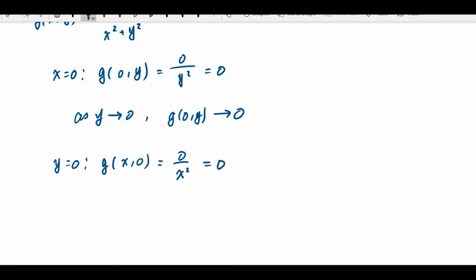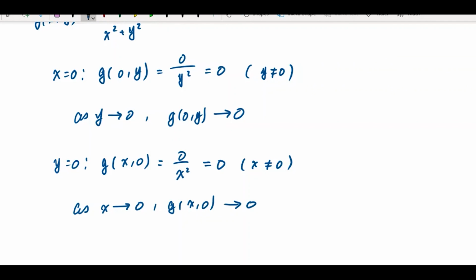That's equal to 0. Oh, I still have to mention that here y is not equal to 0 and here x is not equal to 0. What that means is as x approaches 0 now, y is already equal to 0, then this will approach 0. So they agree.